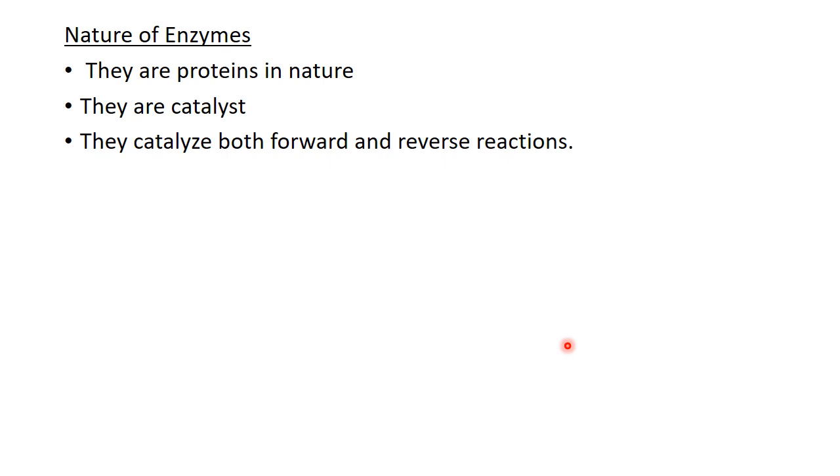So what does it mean to catalyze both forward and reverse reactions? There are two types of reactions. One is the forward reaction, the other one is the reverse reaction. An example of a forward reaction is a reaction where you mix two things to get a third thing. For example, let's say cooking shima. Mix water and milk, and at the end of the day, you are going to get shima. That's a forward reaction. A reverse reaction is where the end product can be broken down into the components that make it up.